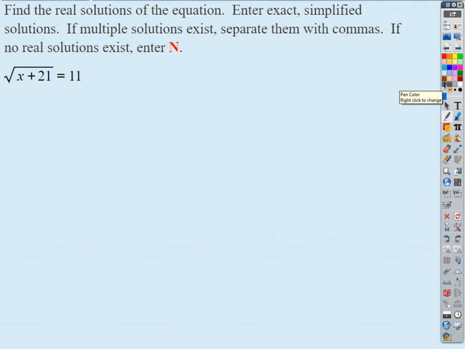What do I do here? Square both sides. So if I square both sides, what do I get? X plus 10 plus 21 equals 121.